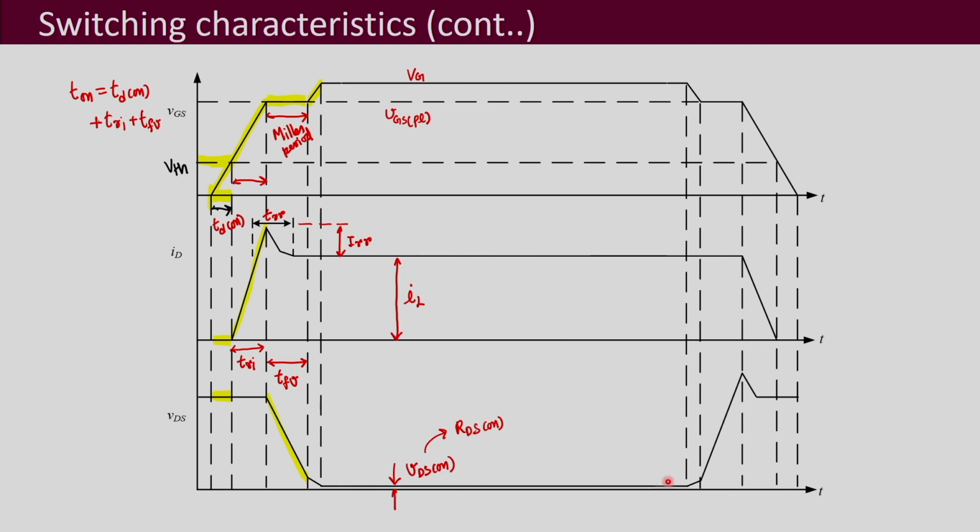This just continues. After that, let us say now the gate pulse is removed and it starts to turn off. Let us see what happens when it starts to turn off. Initially, the gate to source voltage goes down from VG to VGSPL, that is your Miller voltage. And during that time what you observe is that there is a slight increase in the voltage and the current almost remains the same.